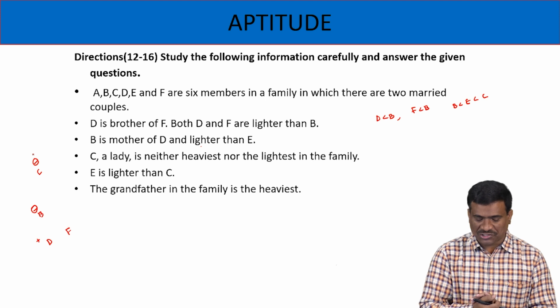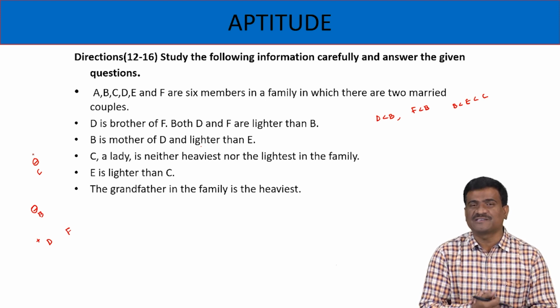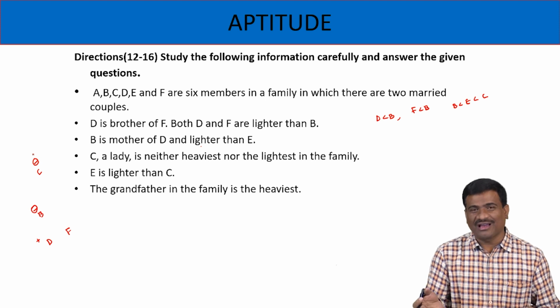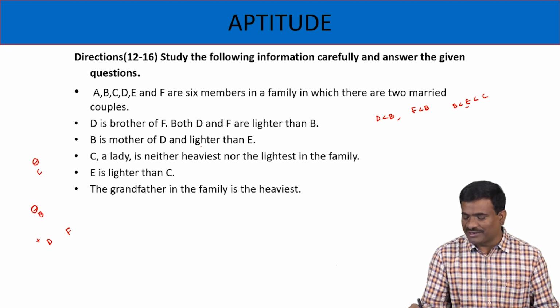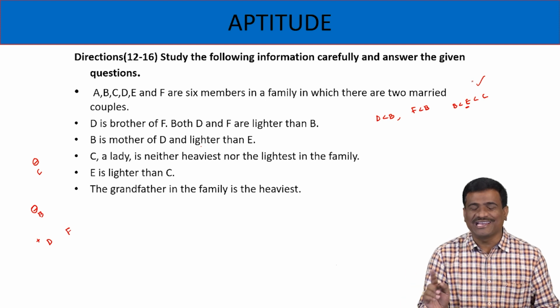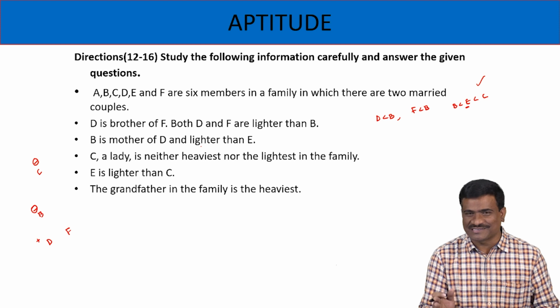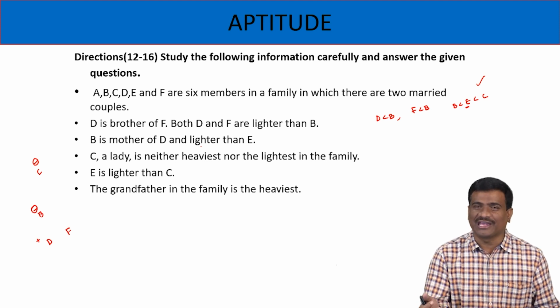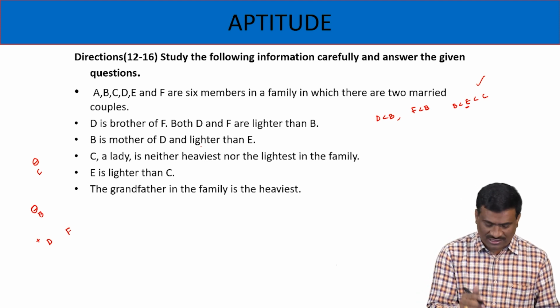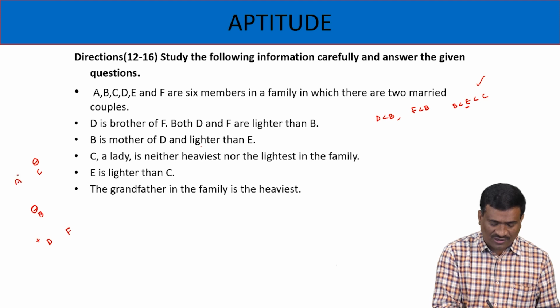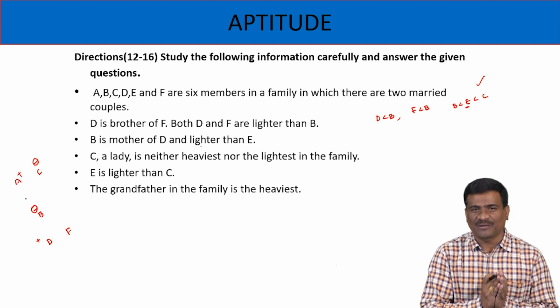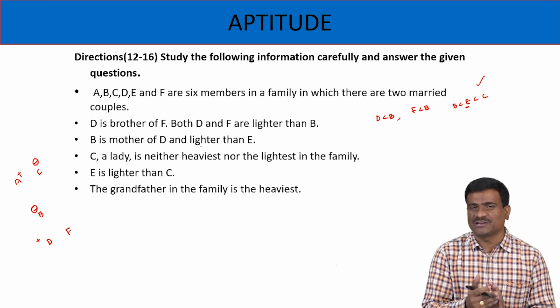But the condition says the grandfather in the family is the heaviest person. E is not the heaviest because B less than E less than C. Then only A is possible. A is called grandfather. Here AC is one couple, next BE is one couple, and D and F are the children.